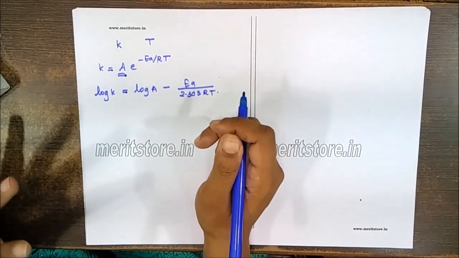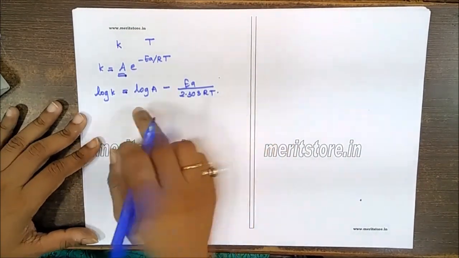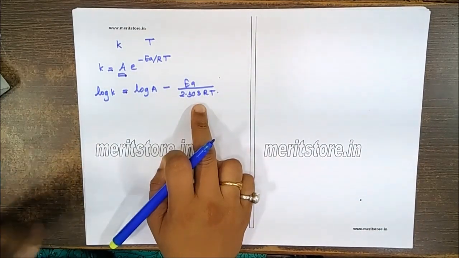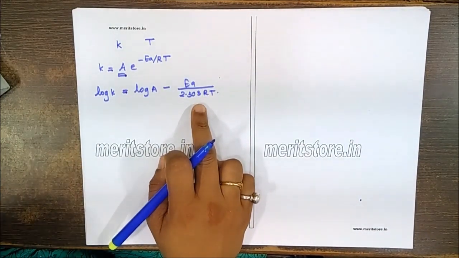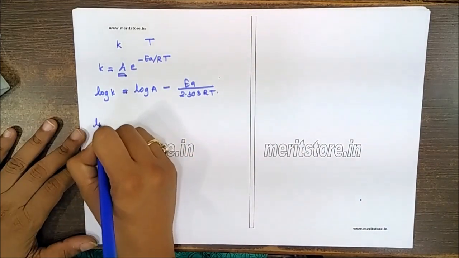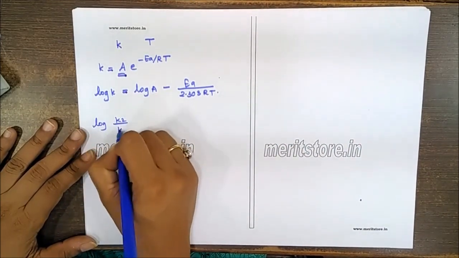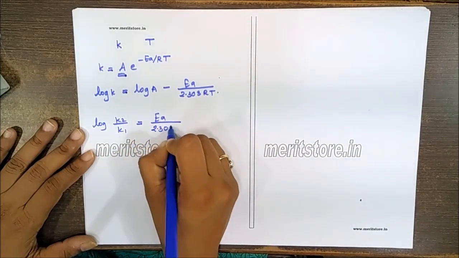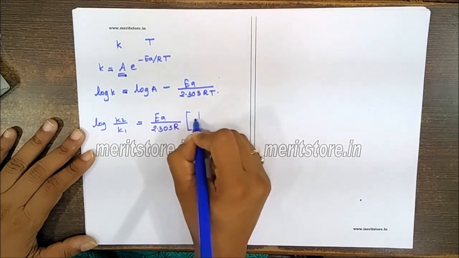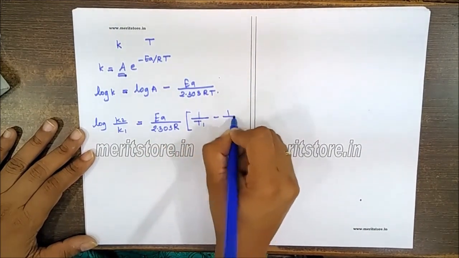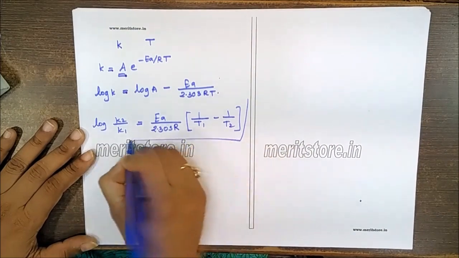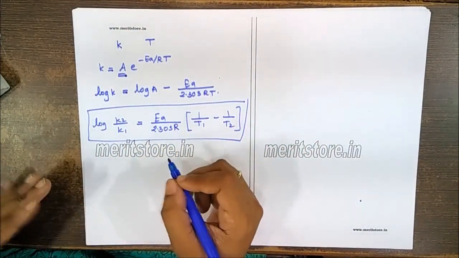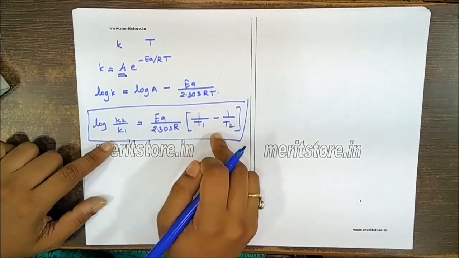This is called the Arrhenius equation, giving the relation between K and T. If you are comparing the rate constant at different temperatures, then we have the equation log of K2 upon K1 = EA upon 2.303 R into bracket 1 upon T1 minus 1 upon T2. We have to remember this equation while solving MCQs related to the rate constant at different temperatures.